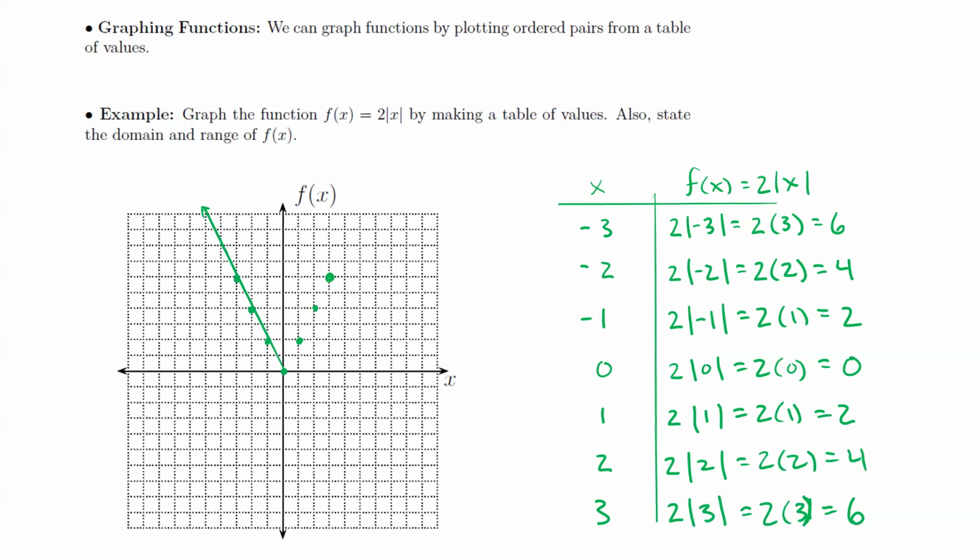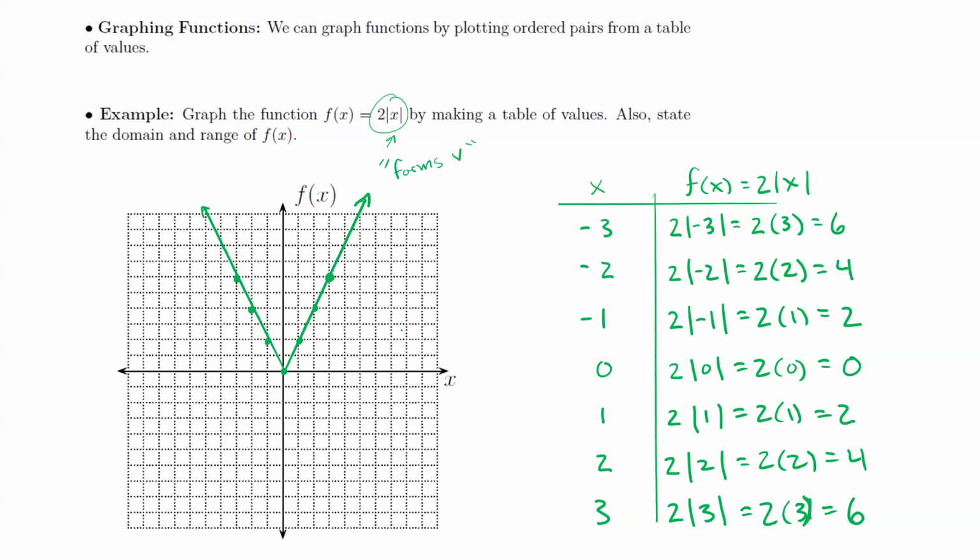It turns out that this shape that's being formed is always the shape that we're going to see when we have a function that involves absolute value like this. So it's always going to form a V, right?